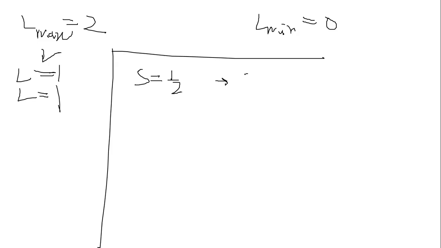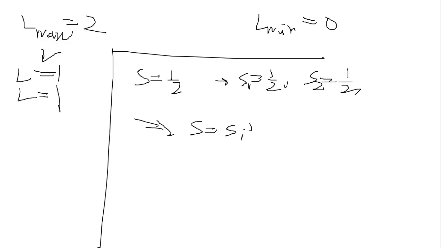If two electrons are present, both have spin half, so S1 equals half and S2 equals half. Then the total S will be S1 plus S2 down to S1 minus S2. So S1 plus S2 will be half plus half, 1, and S1 minus S2 will be 0.